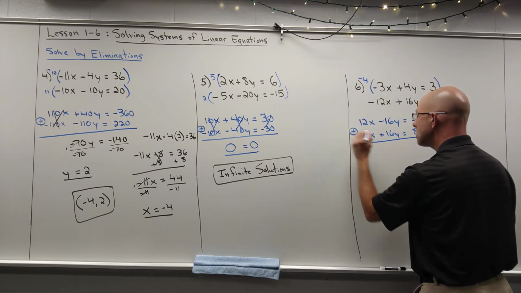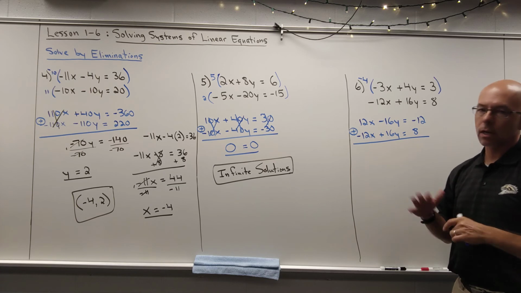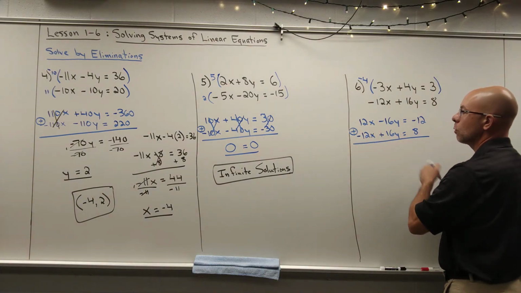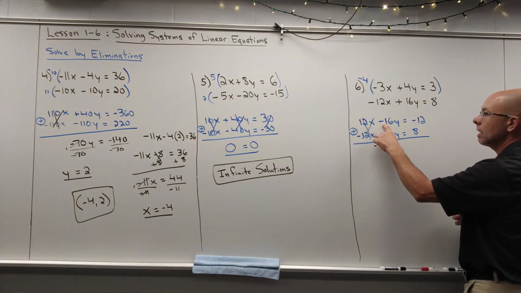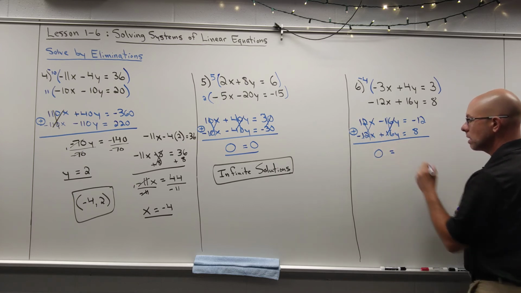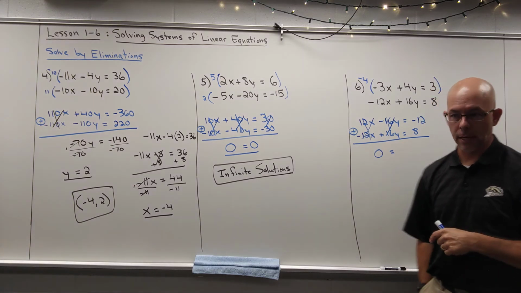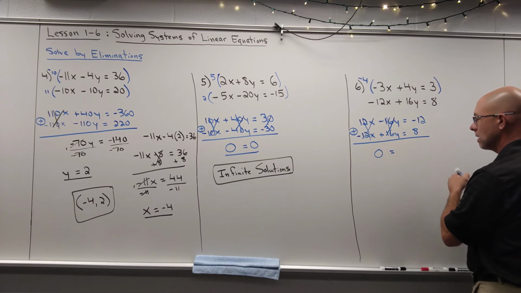Ready to add, and we can see something similar is happening, but it's going to be different. We do see that 12 plus negative 12 eliminates, which was our original goal. However, negative 16 plus 16 also eliminates. We're in that situation where you have a 0 on that left-hand side instead of an x or a y left over, everything eliminated. Over here, however, negative 12 plus 8 is negative 4.